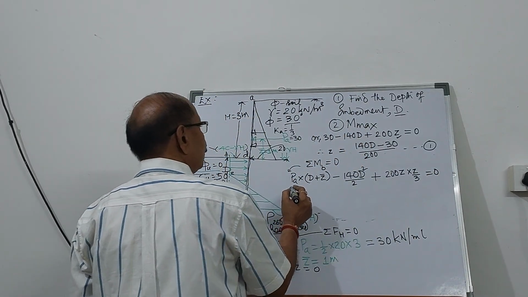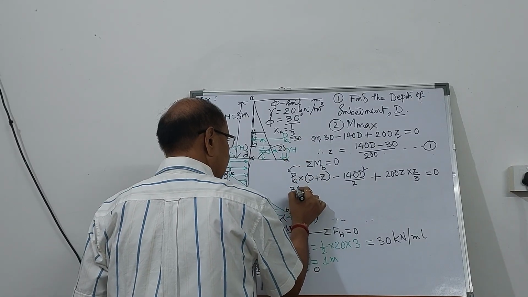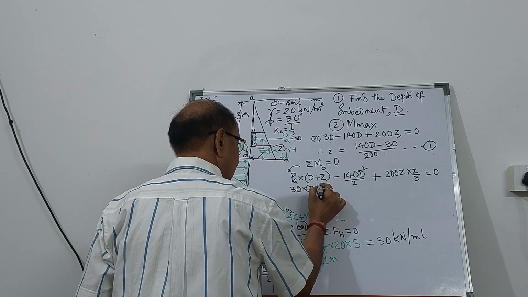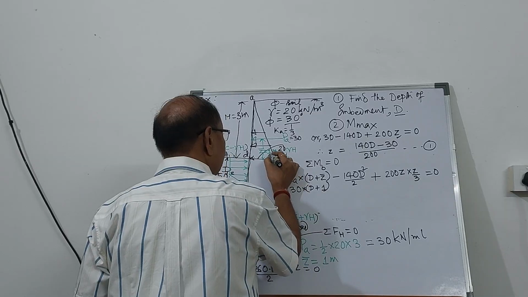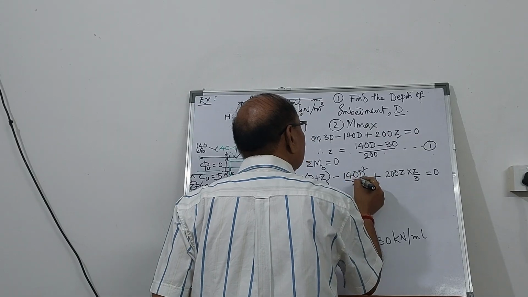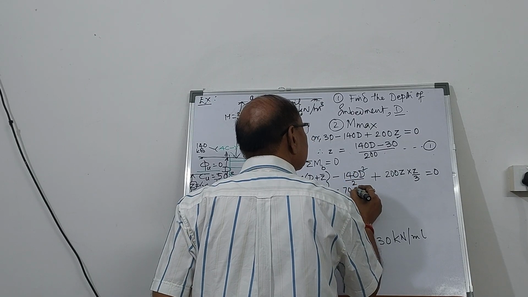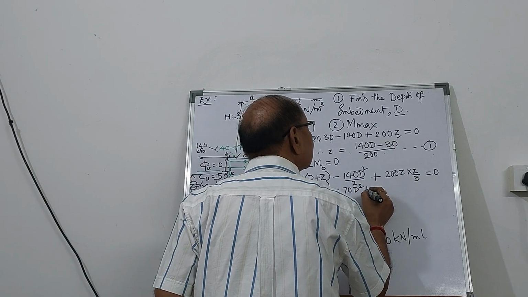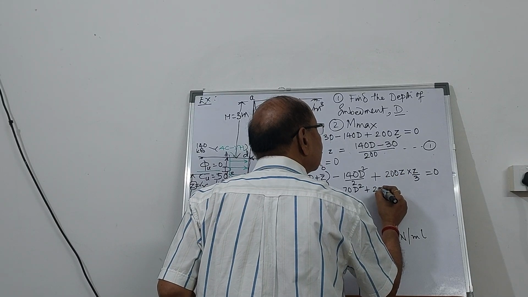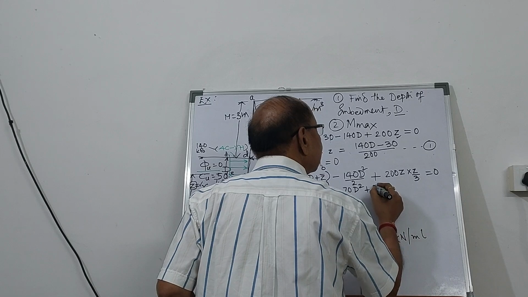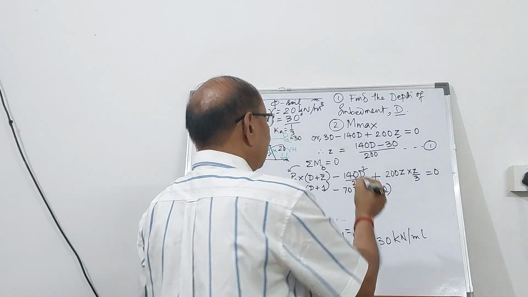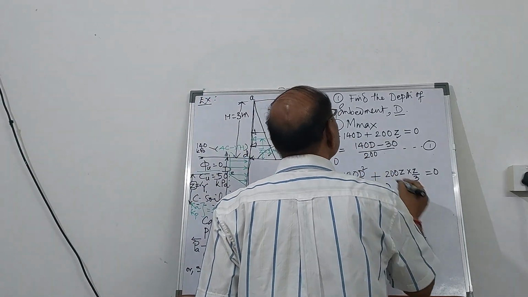So PA is already known to me as 30 kilonewton into D, Z bar is already known to me as 1, minus 140 by 2 becomes 70 d square plus 200 divided by 3 into Z square.